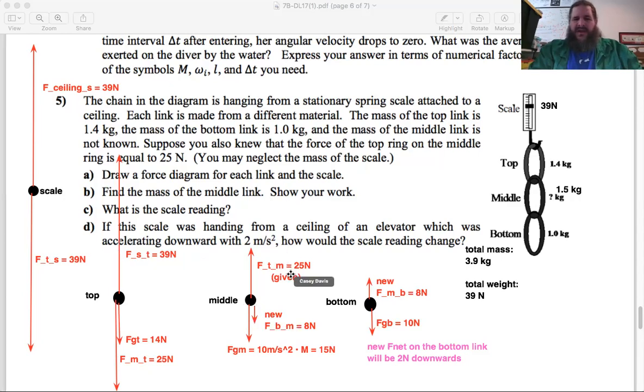But that's also going to change the force of the top link on the middle link. That will also change. Force of gravity still 15 newtons. We're not changing how strong gravity is. But what does the new F net have to be on this middle link? How would we calculate that?